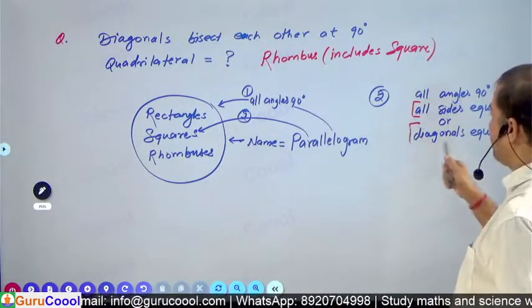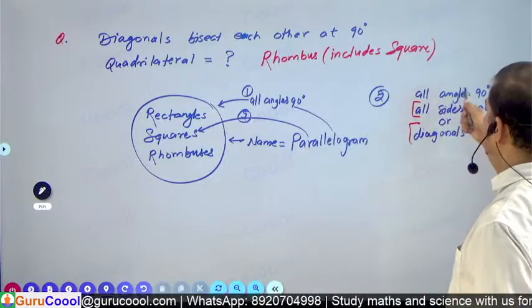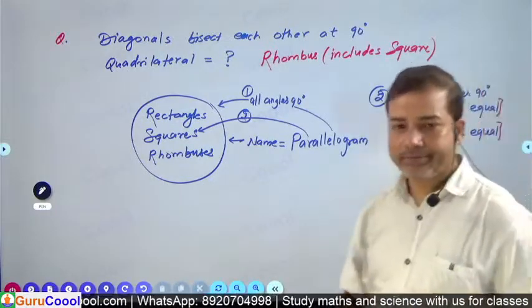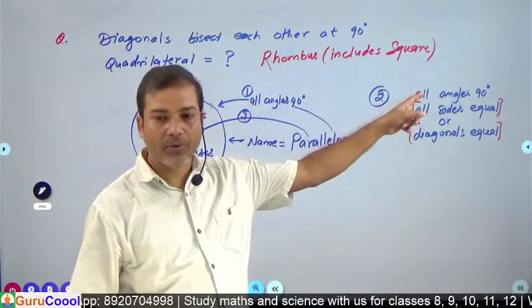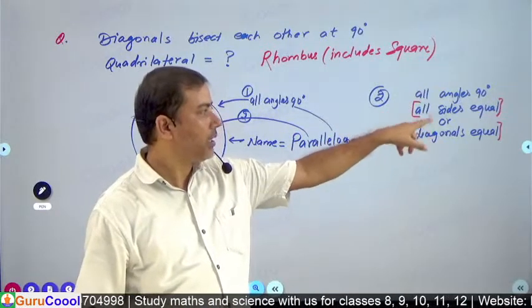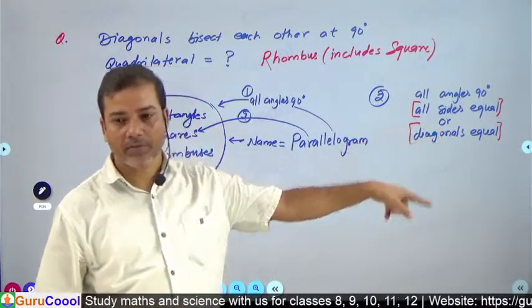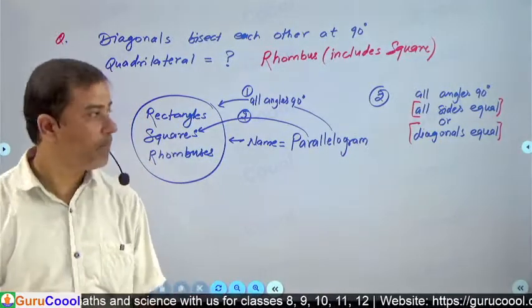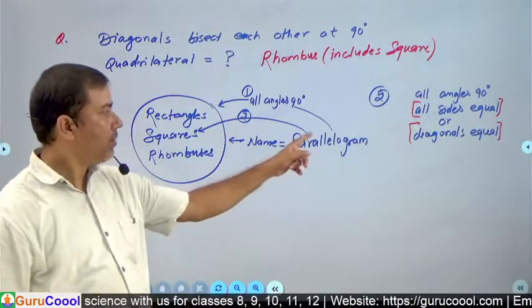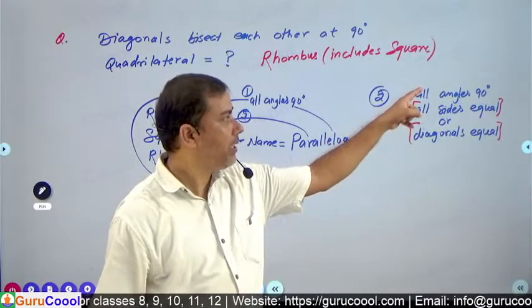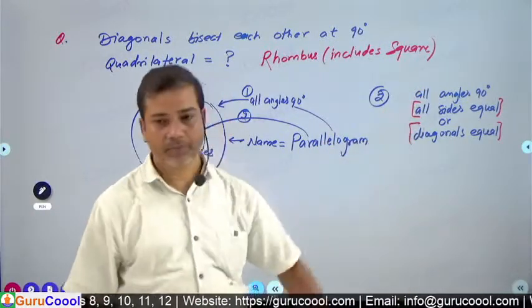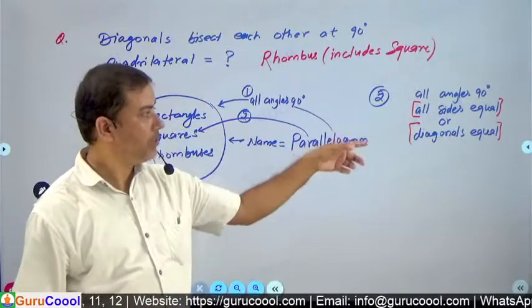So this is an alternate. All angles 90 degree has no alternate. The first property has no alternate, that must be followed, but the second one has an alternate. One of these two should happen to become a square. So a parallelogram can become a square if it follows the first property and one of these two also.